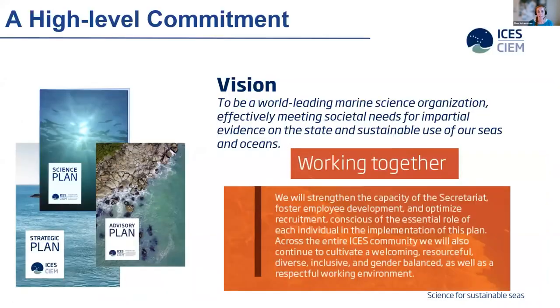So recognizing the need for change, in 2019 we set a high-level commitment to create a more diverse, inclusive, and gender-balanced organization. These words were really championed by our first female General Secretary, Dr. Anne-Christine Brusendorf, who completed her term last year. It was really this high-level commitment that's given us the opportunity to work more on these issues.